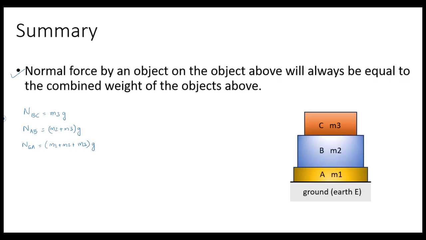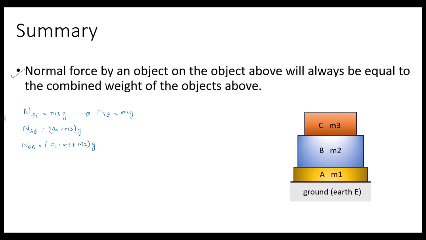Now let's say the questions could have been asked in very many different ways. So let's say the question asked: list down all the action reaction pairs when it comes to normal force. Then it should be very easy. Corresponding to this, there will be a normal force by C on B, because NBC and NCB are an action reaction pair, so the magnitude has to be the same.